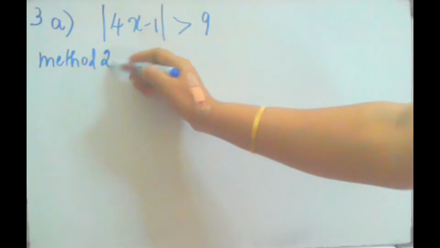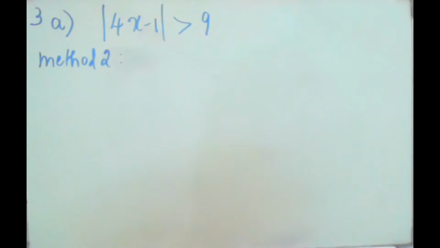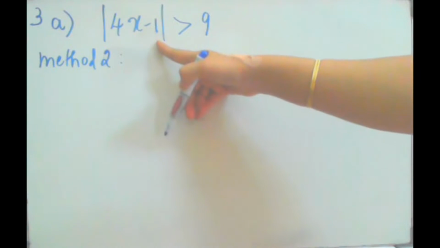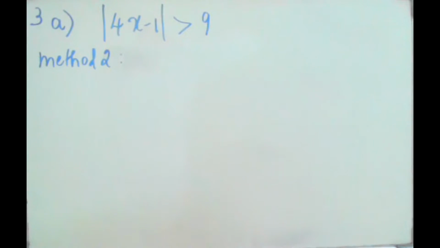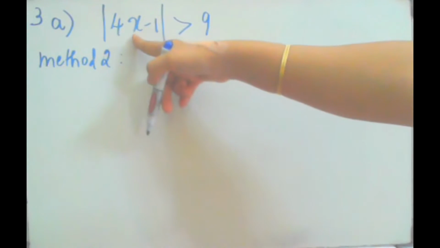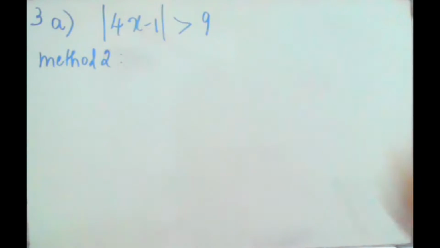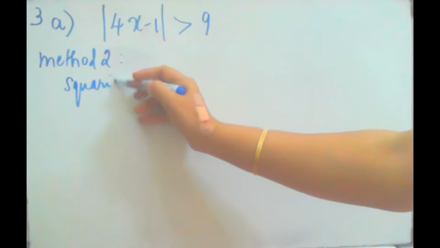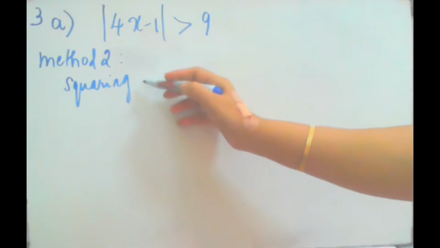Same question we will solve with method 2. So we know that this expression can have a positive sign or a negative sign, right? But if we square this inequality on both sides, whether this side is positive or negative, it will convert to positive. So making use of that, we don't have to worry about the negative sign. So we will square on both sides.